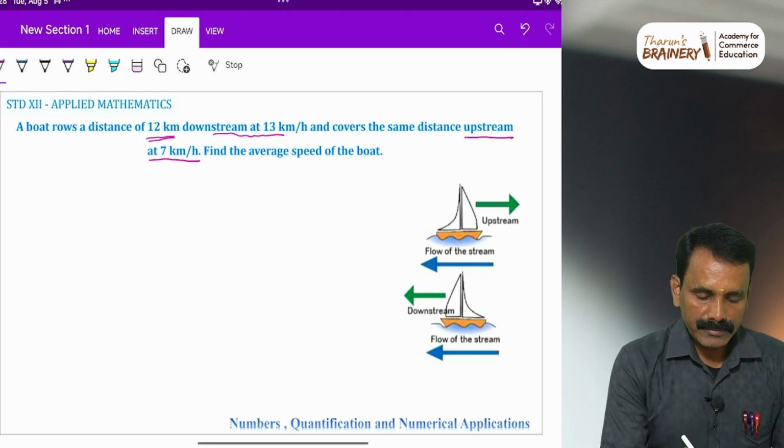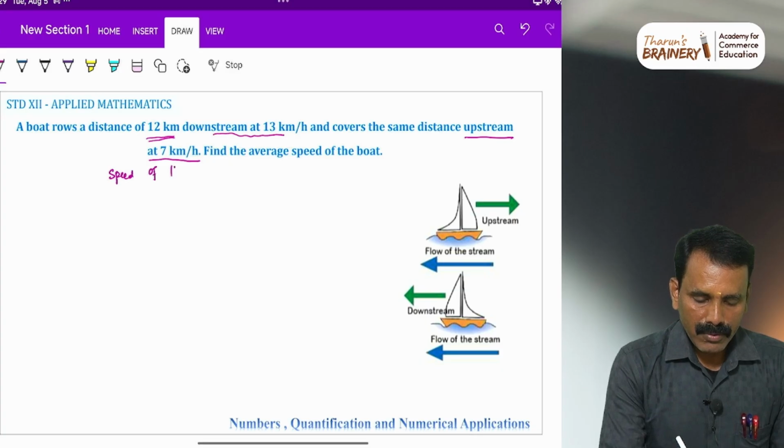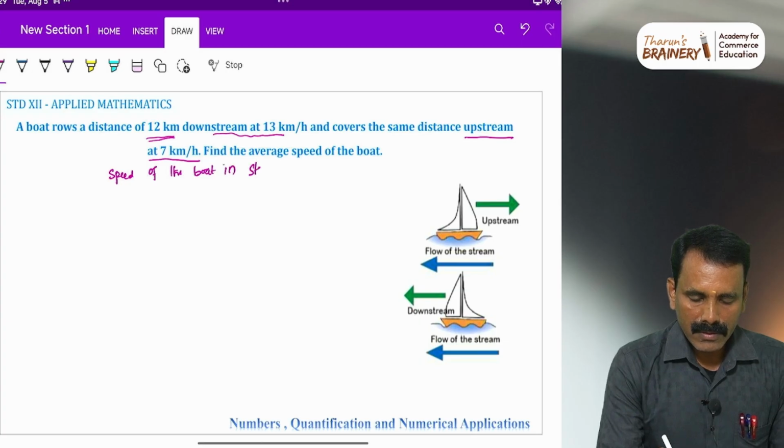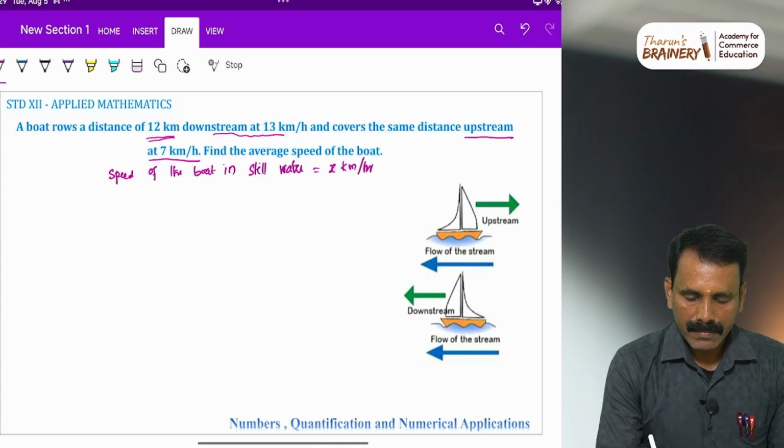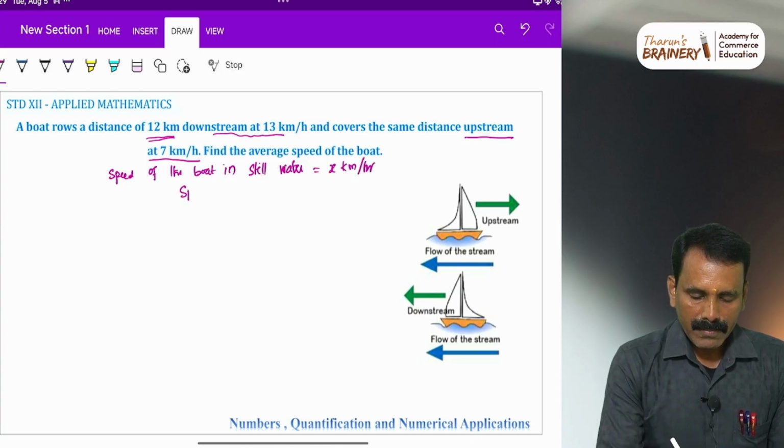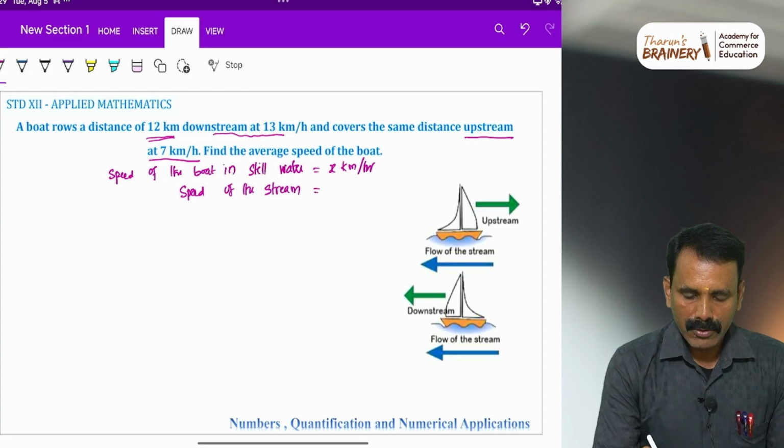We take the speed of the boat in still water as x kilometer per hour, and the speed of the stream, we take it as y kilometer per hour.